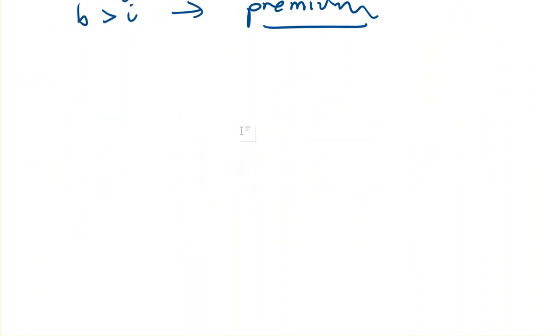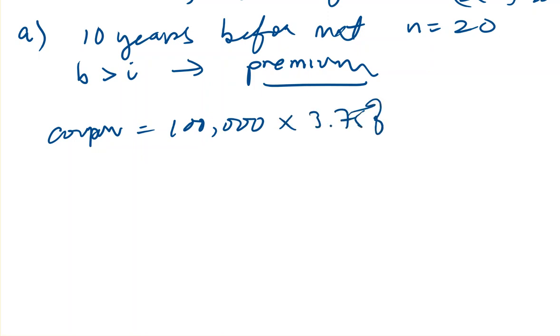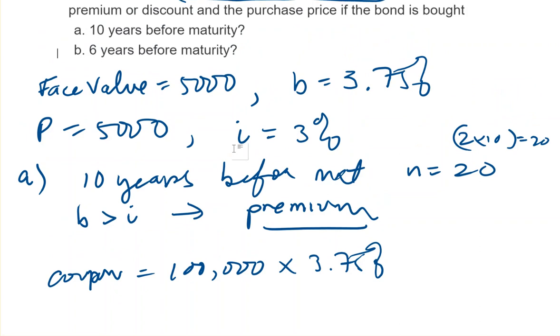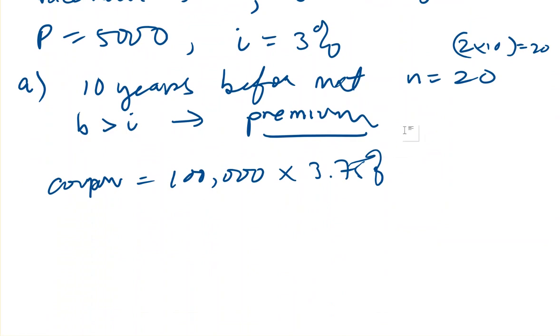So the first thing we do is we compute the coupon amount every 6 months. So I'll just write coupon equals 5,000 times 3.75%. That's half of 7.5%, which is 3.75%. And this gives us $187.50 every 6 months.